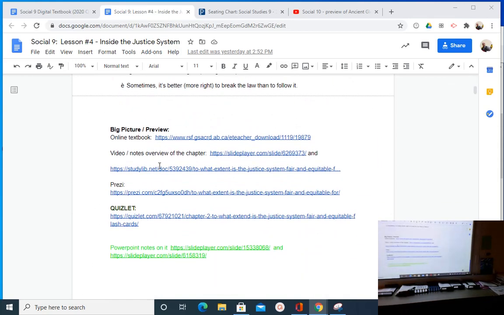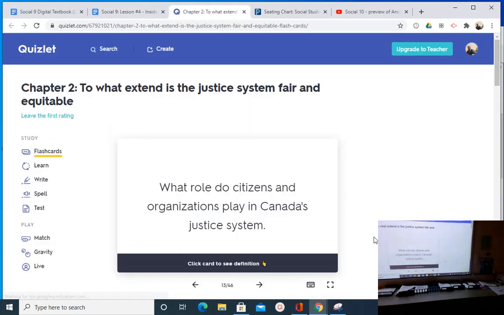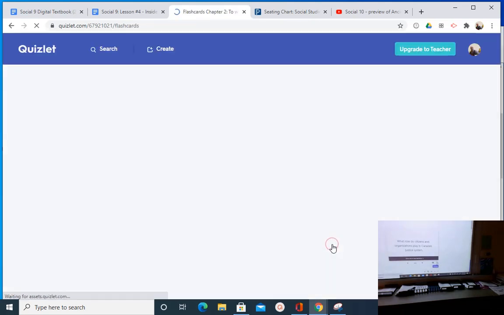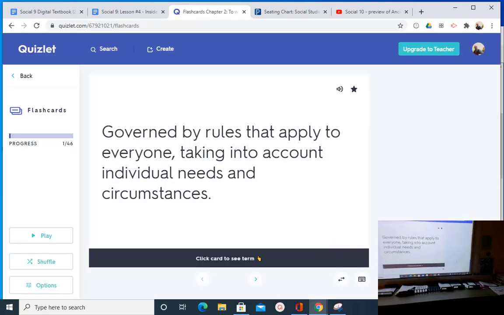But one thing I'd like to show you here is that in the digital textbook in Lesson 4, Inside the Justice System, there's these notes that we've gone through, and today we're going to go through the Quizlet. So in these lessons, for each chapter, there will be a link to a chapter review, and that's a good way to see what I would call the big rocks of the chapter.